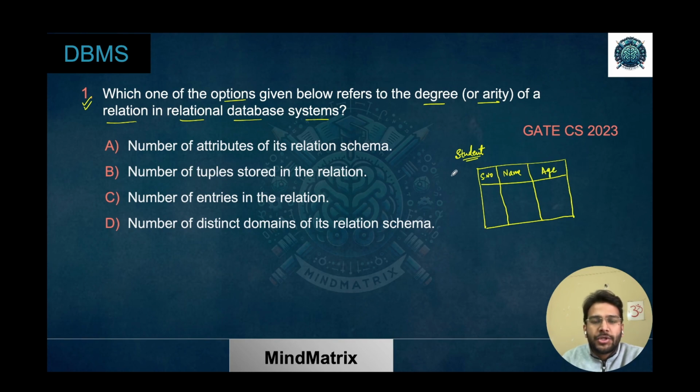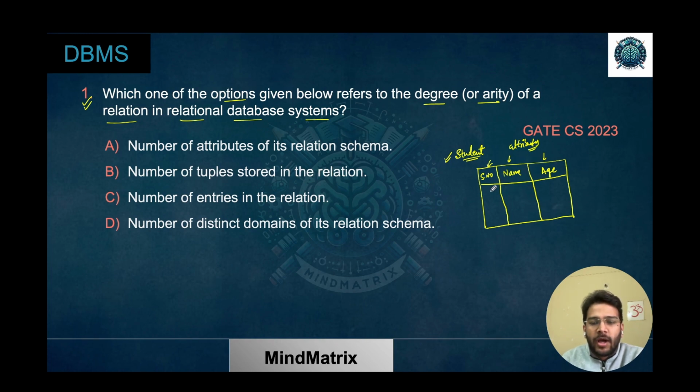So this is a relation named student, and we have these attributes: student ID, the name and the age. These are the attributes, or we can say the columns of a relation.